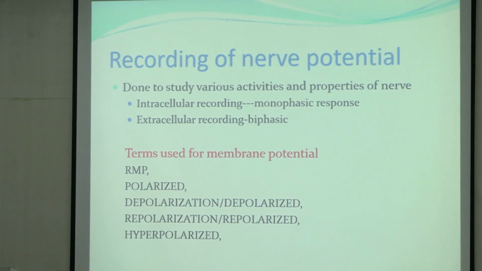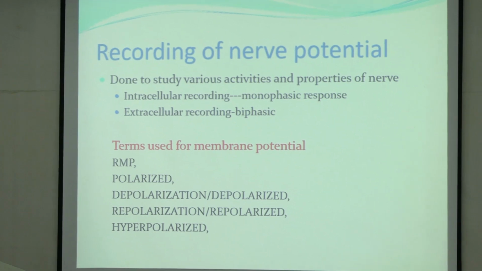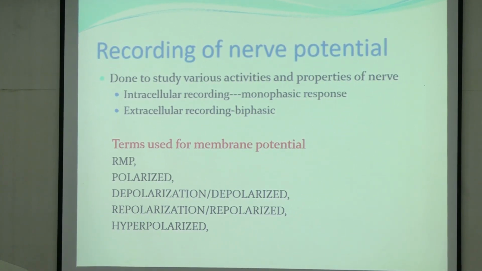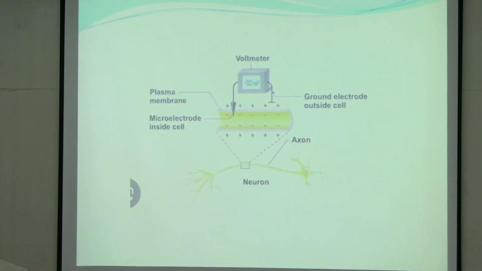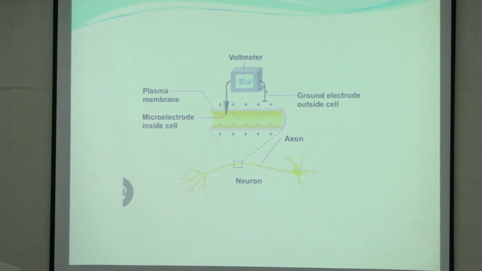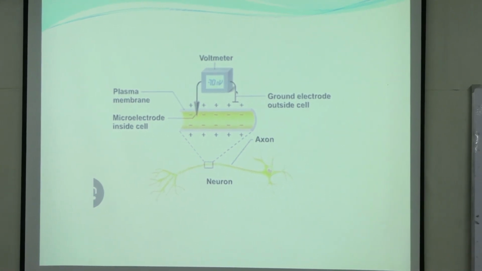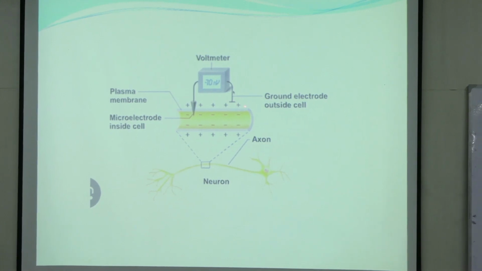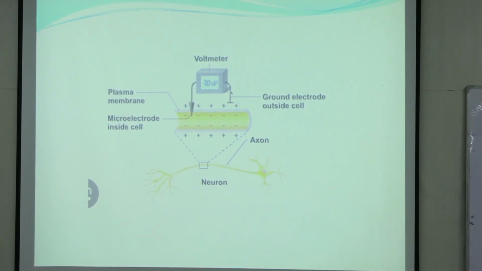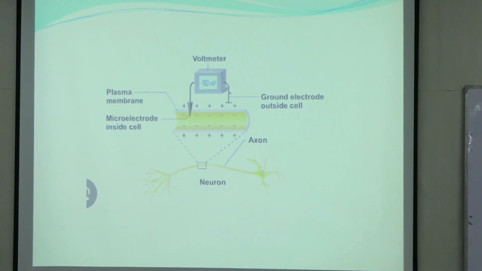So how can this membrane potential be recorded? This can be recorded by a cathode ray oscilloscope or voltmeter. If we place one electrode inside and another outside the membrane, under resting condition we will see a deflection which is minus 70 millivolt.